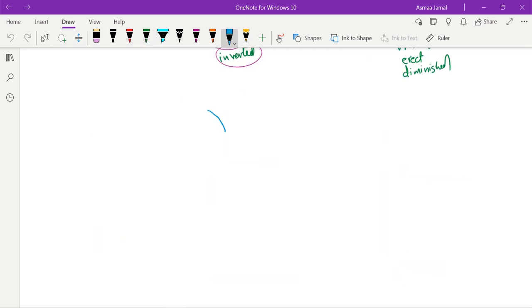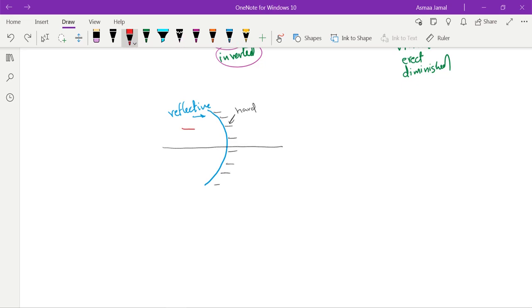This is our concave mirror painted from outside. So this is the hard surface, and this is the reflective surface. This is our optical center.